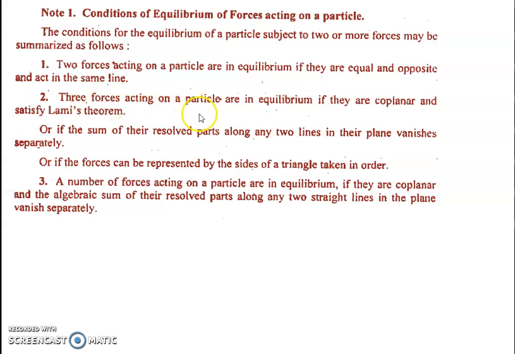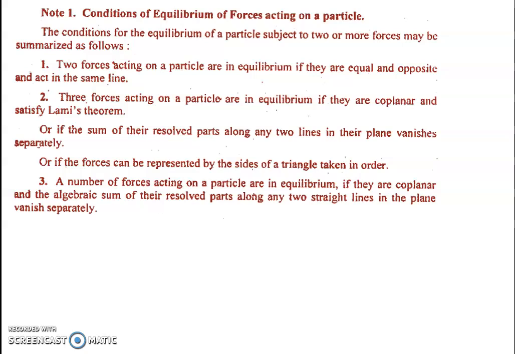Three forces acting on a particle are in equilibrium if they are coplanar and satisfy Lami's theorem. We have already discussed Lami's theorem in the last lecture. Or if the sum of their resolved parts along any two lines in their plane vanishes separately, that is, the sum is equal to 0.